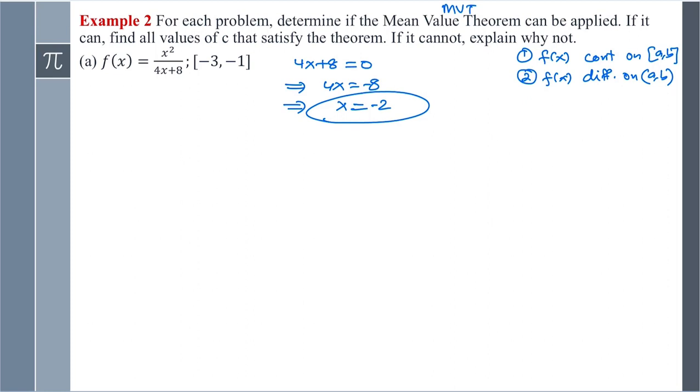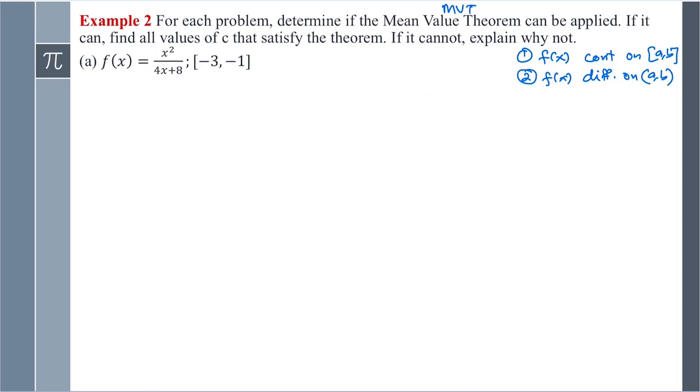Now, the second thing that you check is, okay, we know that this function is not continuous at x equals negative 2. So does that mean that point is in our interval here, and that's what you need to check next? Yes, x equals negative 2 is in that interval. That means the given function is not continuous on the interval negative 3, negative 1, because it's not continuous at x equals negative 2.